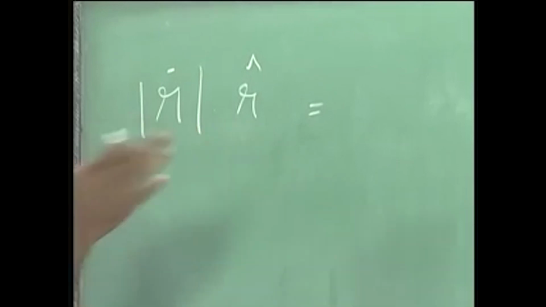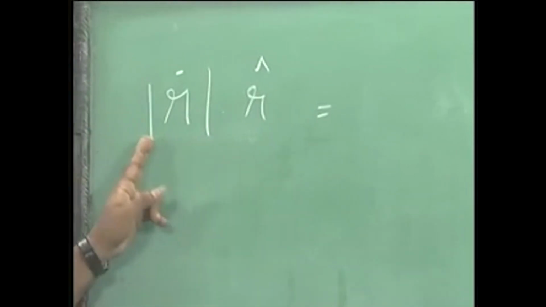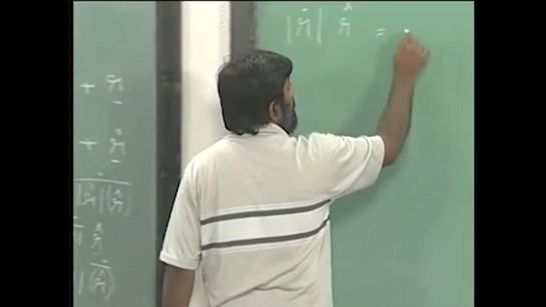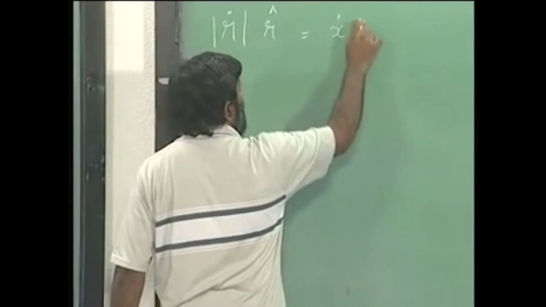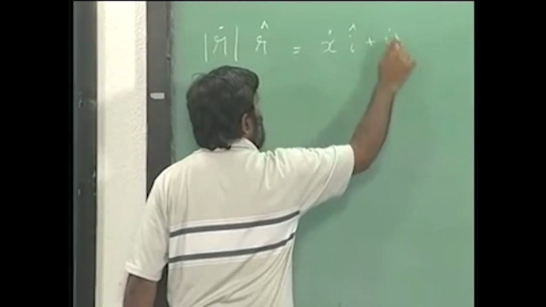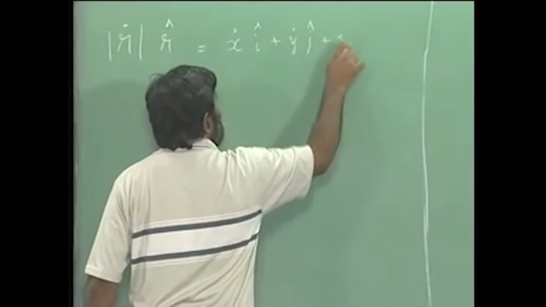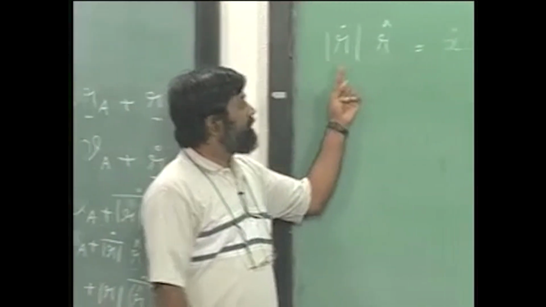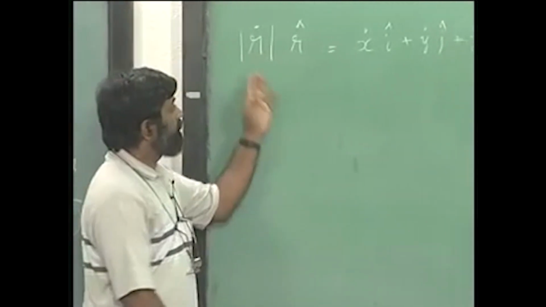This is I j k taken here, and this is nothing but the magnitude of R dot, okay. So, it is x dot I plus y dot j plus z dot k. Do you understand this? This is what it means, okay.